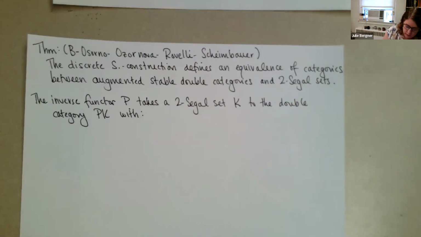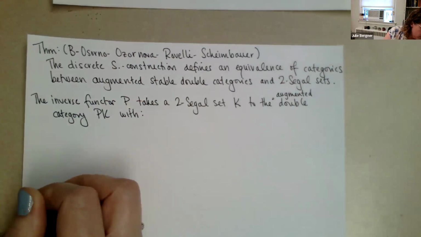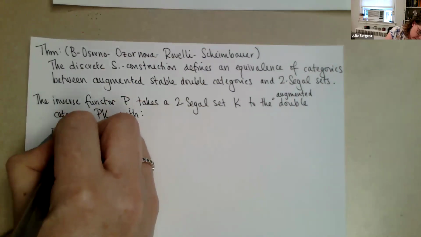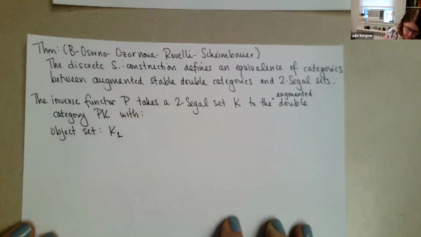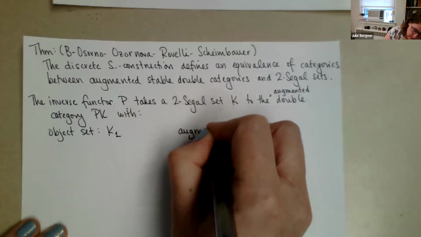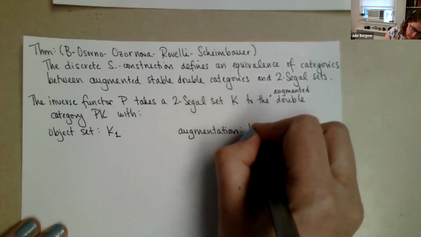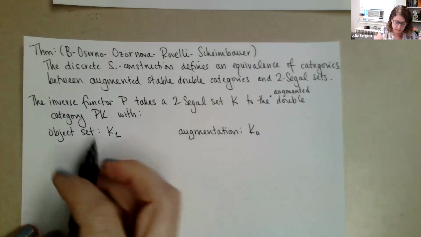So I need to tell you, well, it's going to be a double category with augmentation. So the object set is going to be K1, the set of one simplices. You might say, well, what happened to the zero simplices? Well, they're going to be the augmentation set. And again, if you think of what's happening on the S dot, your S0 is just going to be the collection of things that appear in the augmentation.